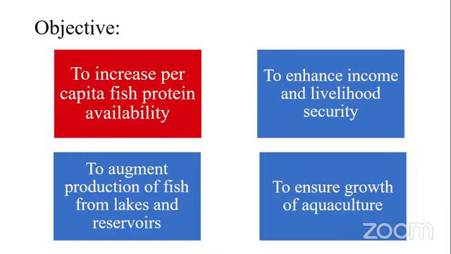The objective behind using cages is to increase per capita fish protein availability. As you can see in the picture, the cage is an enclosure of nets. It is suspended, or left, in a water body, which is a natural habitat. Here we are not using any earthen ponds or captive water.